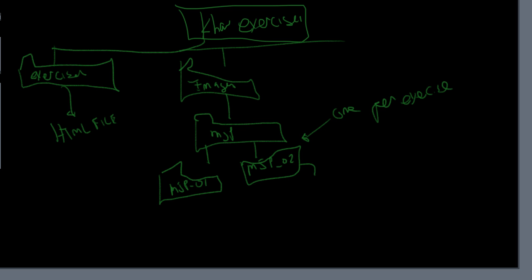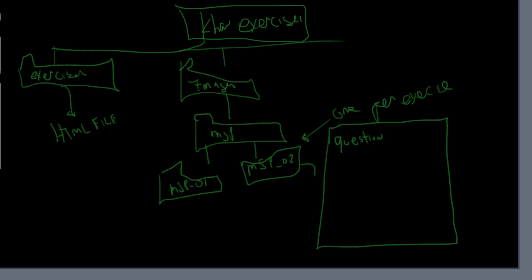And then what exists in one of these is a set of files. At a minimum, there is a file that is called question.png. That is the only thing that is required, which is going to be the question that comes up.